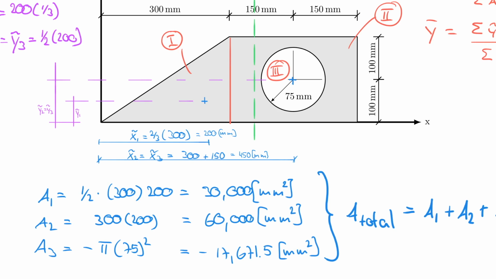So let's say that this here is the location. And so this distance to here, maybe I should show it on the other side because it's easier to observe. So the distance here would be Y bar, and that is 86.18 millimeters.